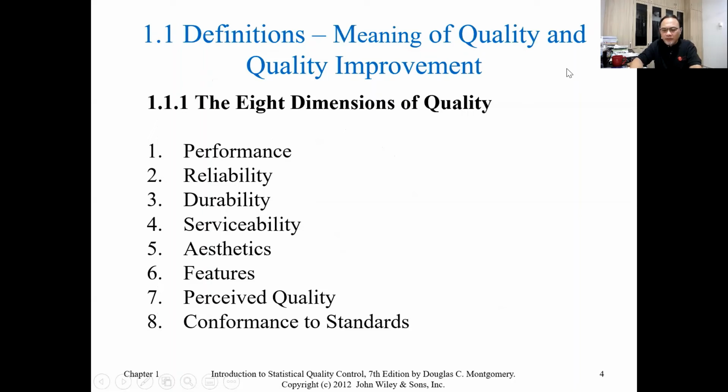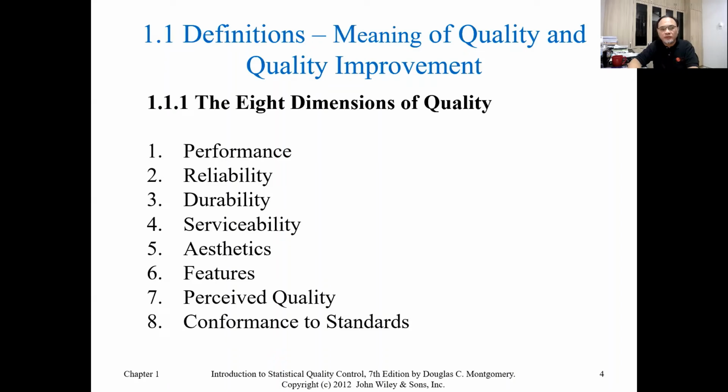Right. So quality has been defined in many ways, and one of the most important ways of visualizing quality is through viewing it from the 8 dimensions of quality. It was proposed by David Garvin.